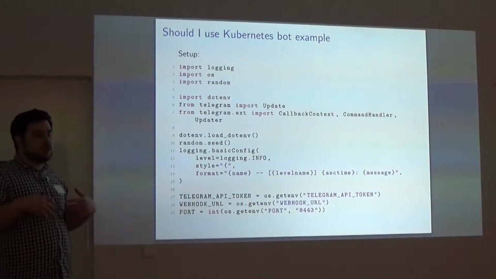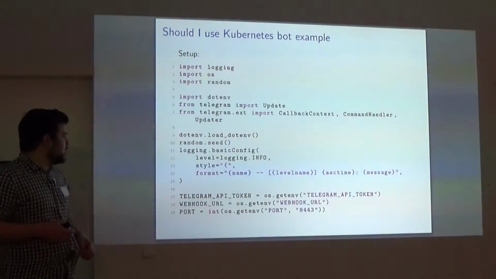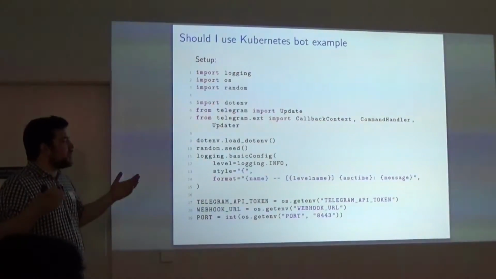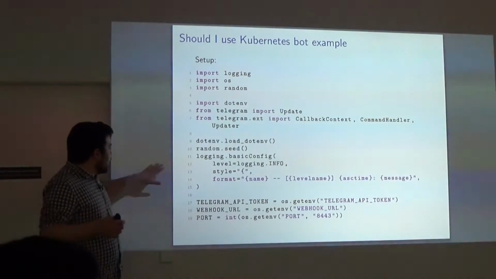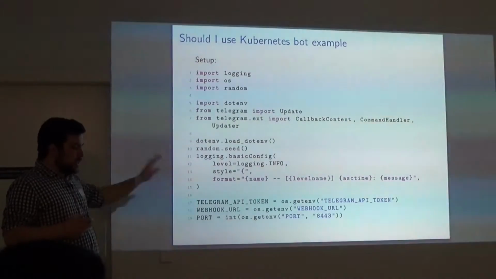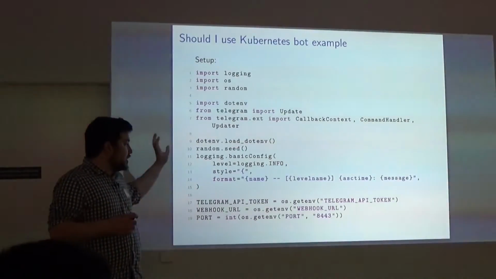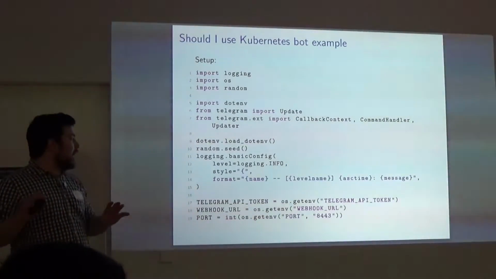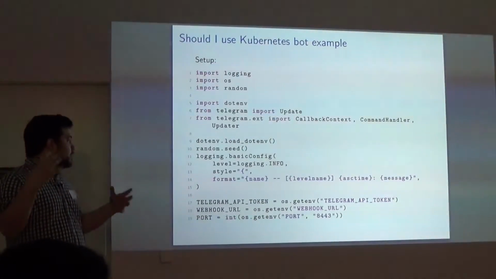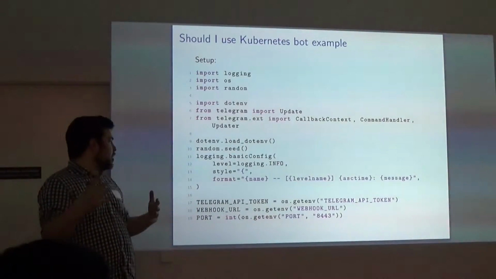It mocks the environment variables and so on, so you don't have to hard code them or import them into your shell, which is kind of annoying. And in this particular case, I'm setting random.seed, and then we set up some logging, which the library also uses. So it's very nice to have some nice logging from the library as well, because you can see what messages are coming in or out, or what's happening with the bot, right?